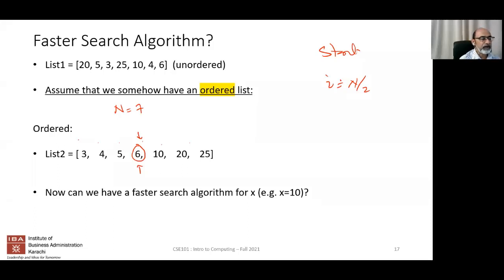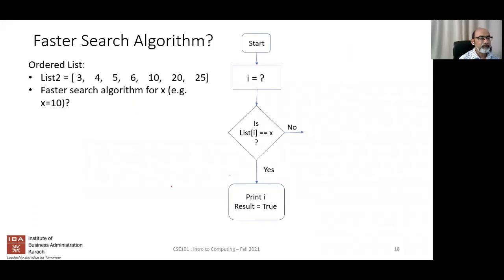So let's say you set i equal to n upon 2, and you check whether the middle number is actually the number that you're looking for. If list sub 3 is equal to the number 6 that you're looking for, and if it's yes, then you're done.